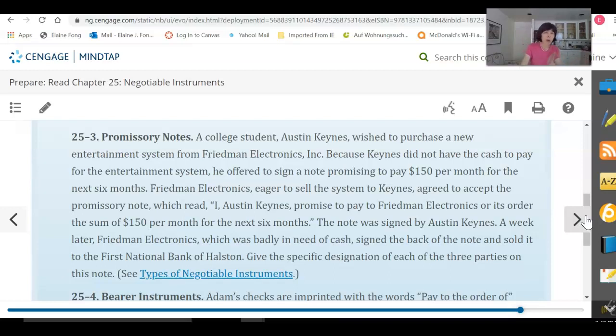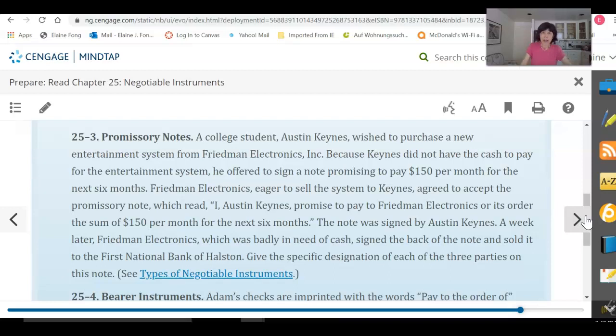So the question asks you, though, what's the designation for each of the three parties on this note? Who is Austin? Austin Keynes is the one who signed the promissory note. We call him a maker. He is the maker of the instrument. He makes the promise to pay to Friedman Electronics. So Friedman Electronics is the original payee.